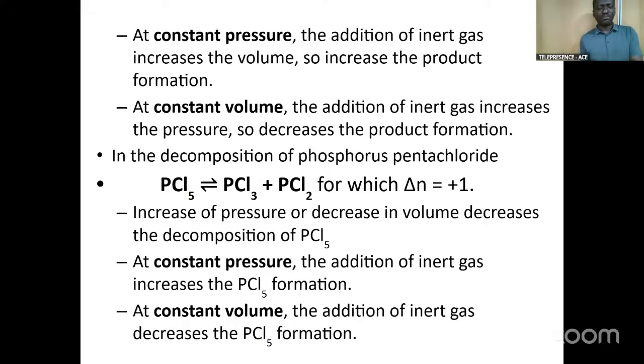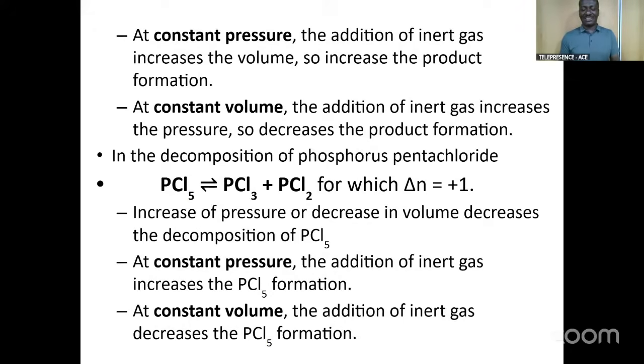All right. If the reason for adding an inert gas is to cause an increase in volume, initially the pressure will be constant, but when you now add an inert gas to the system, there'll be an increase in volume. And what's the meaning of increase in volume? It means that there will be decrease in pressure.